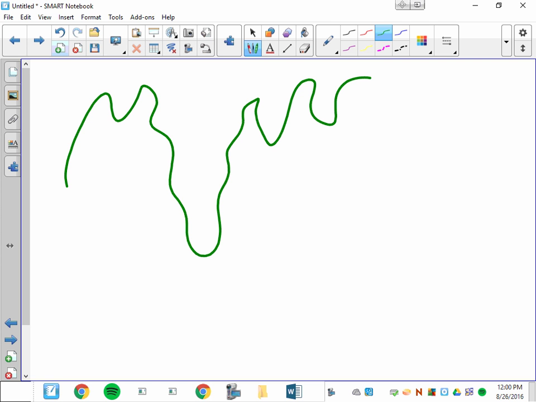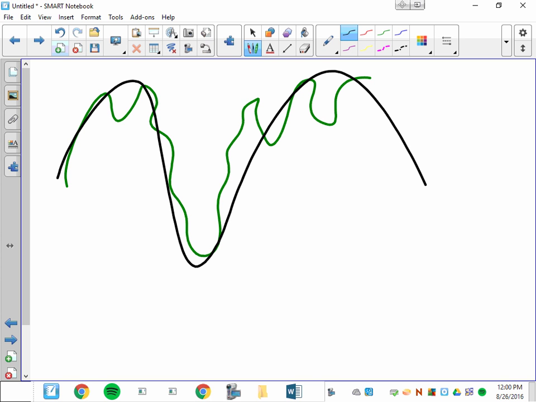But there's no computer that can hold an infinite polynomial, right? So what you do is you just decide how accurate you want to be. If you decide that that's close enough, then your polynomial might only have 4 terms. It might be an x to the 4th.